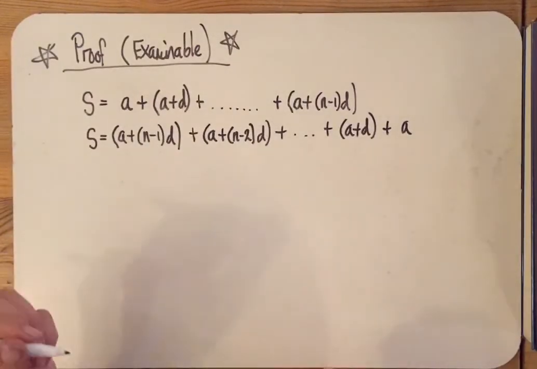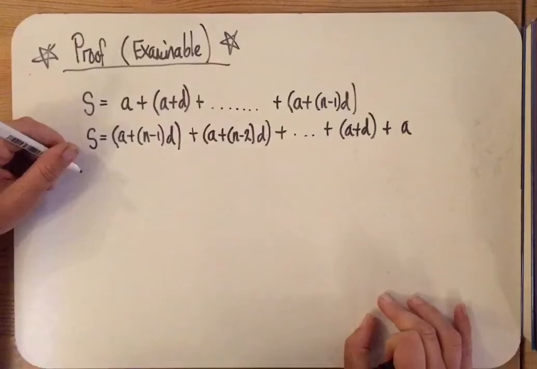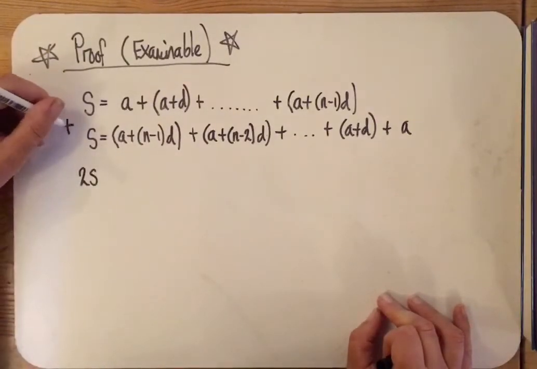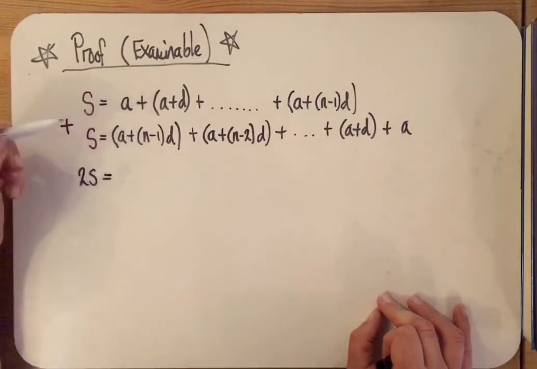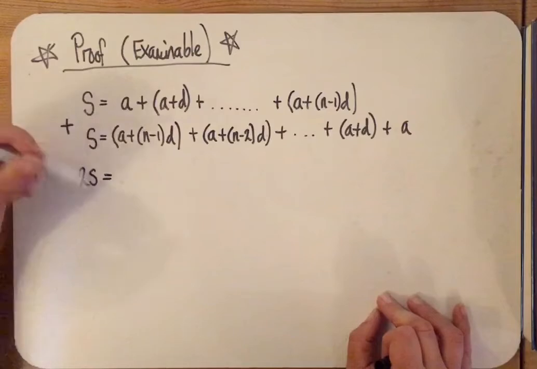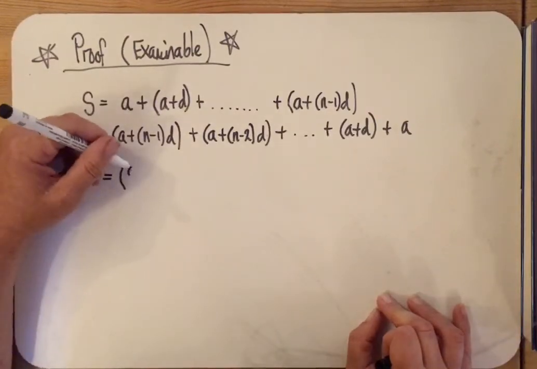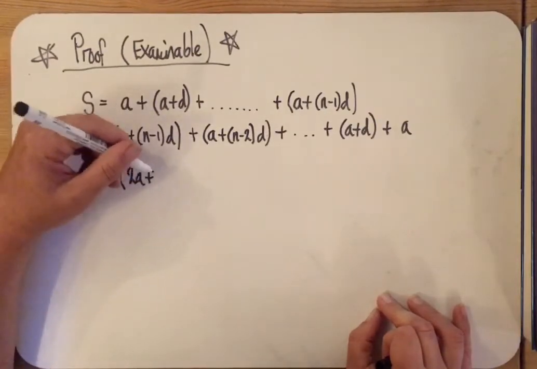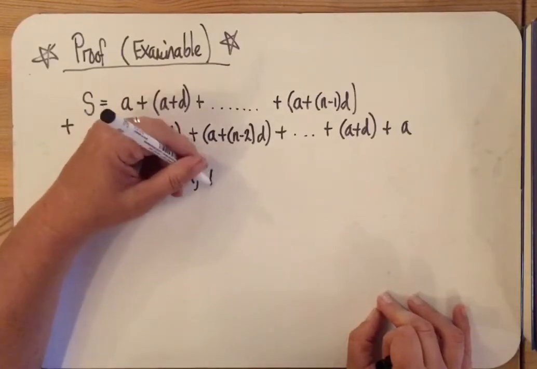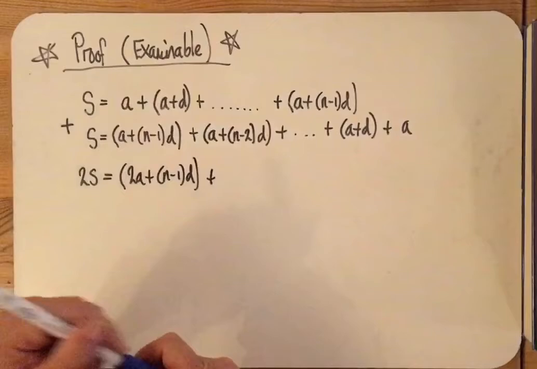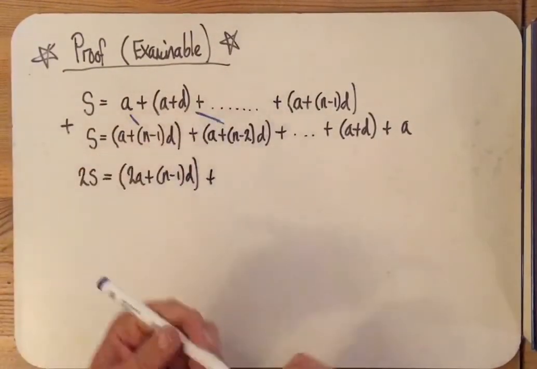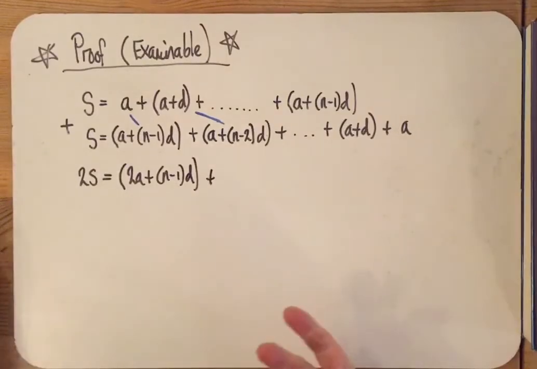And then when you add them together, so we add these together. When you do your first term plus your last term, you get 2a plus n minus 1 d. And then moving along and adding those two together, you're going to get the same thing each time.